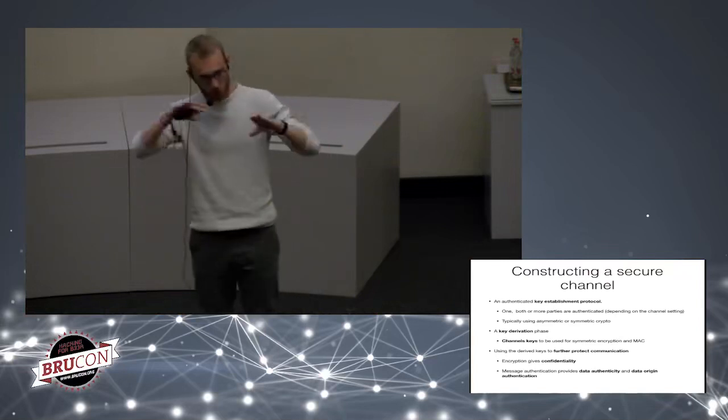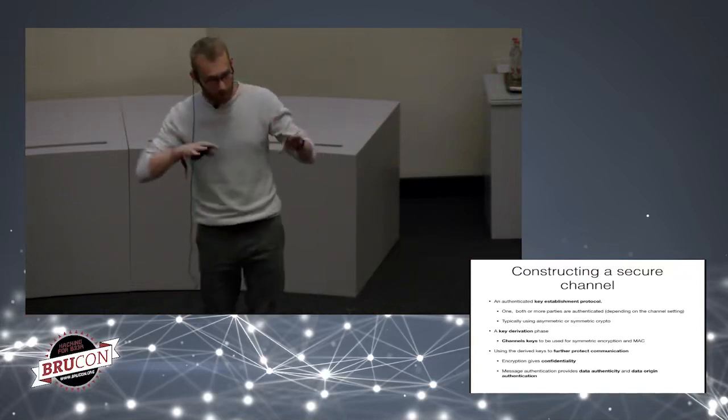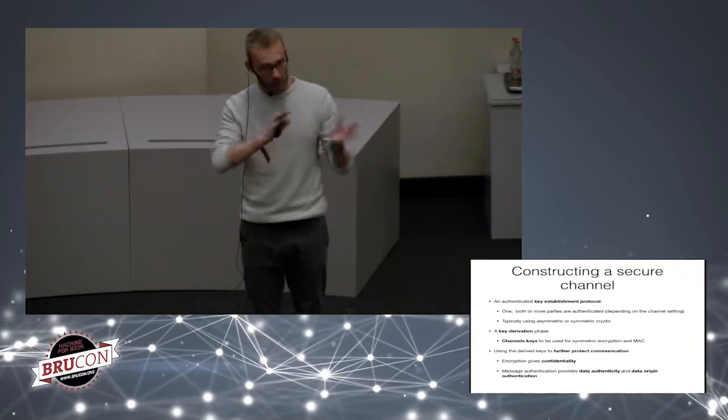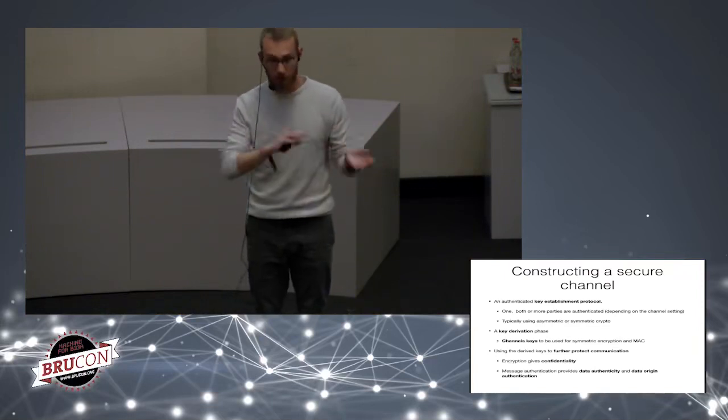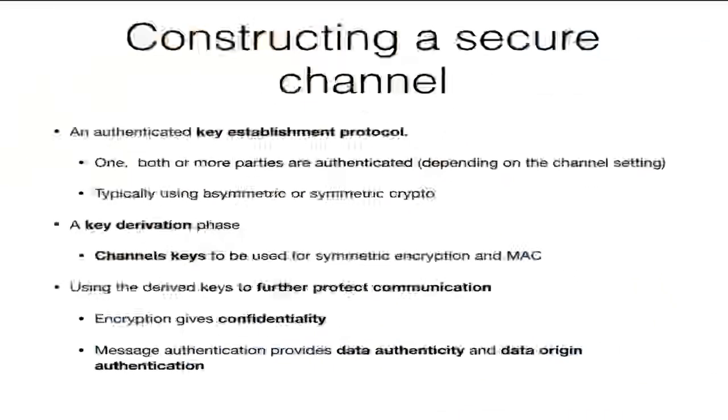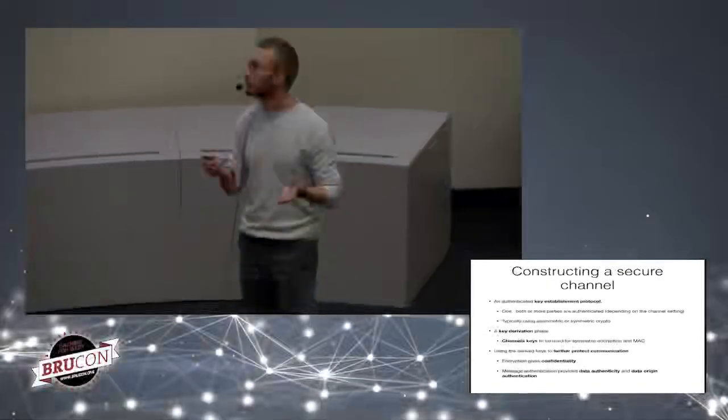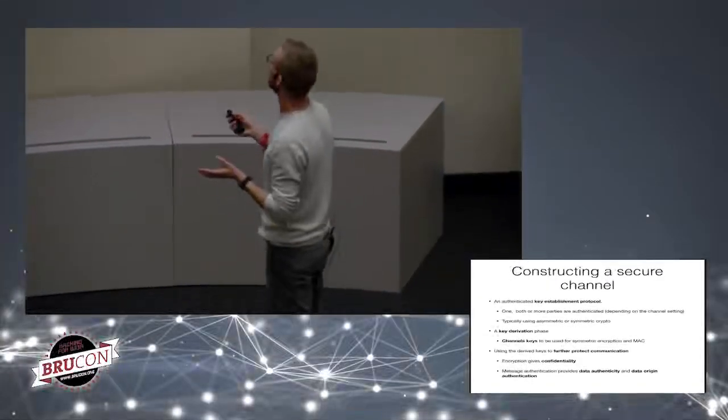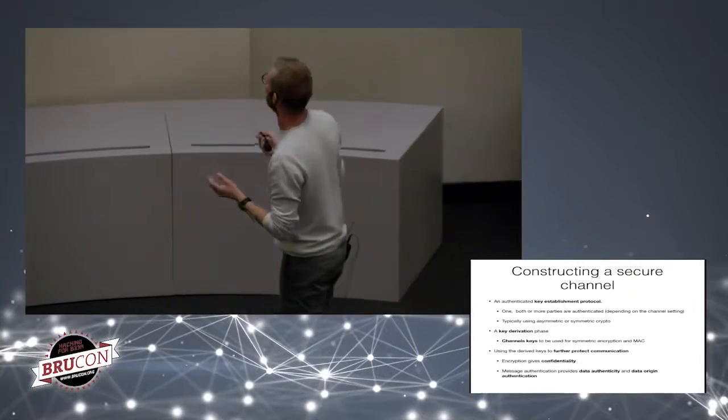We have one, two, or multiple parties which should be able to agree on a key used for encryption, for a MAC, for authentication codes, for whatever. Depending on the exact setting, we would like to have one, two, or multiple parties to be authenticated to every other party. So we need to have some sort of an authenticated key establishment protocol.